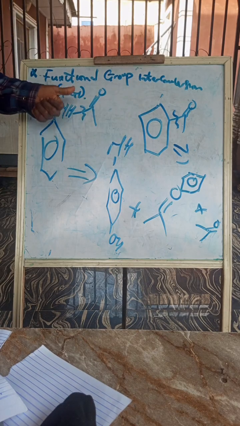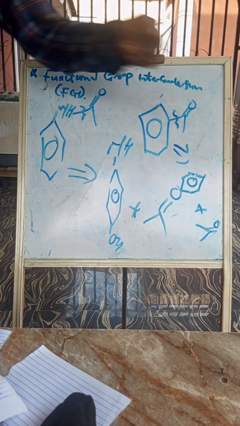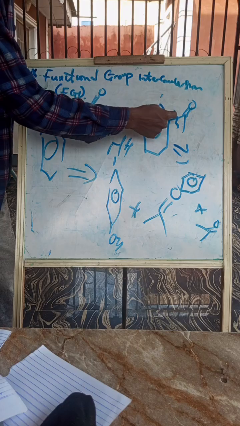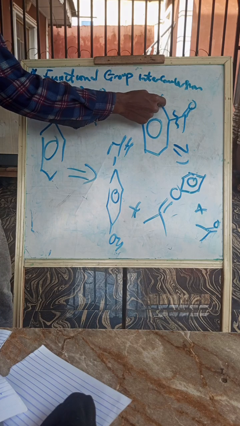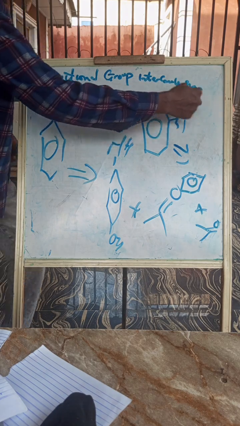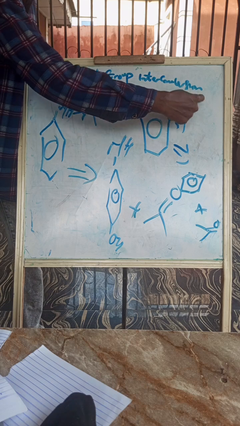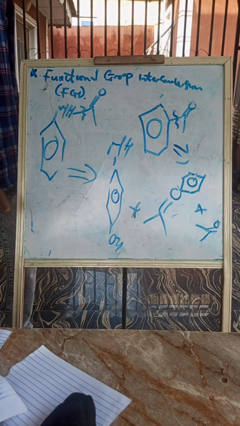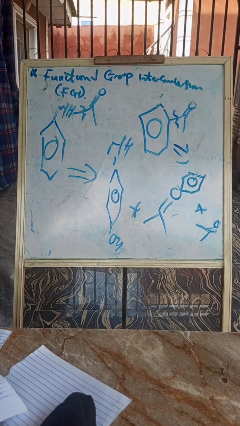There's what we call functional group interconversion. That is, before you disconnect, the first thing you do is replace this functional group, this ketone group, with OH, alkoxy group, before you can successfully disconnect.